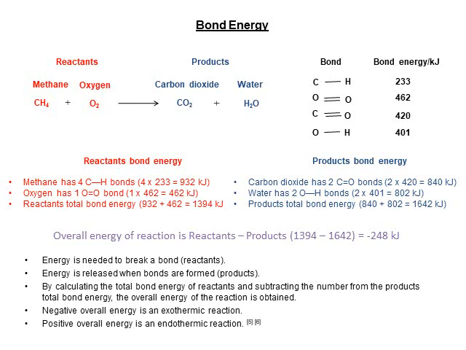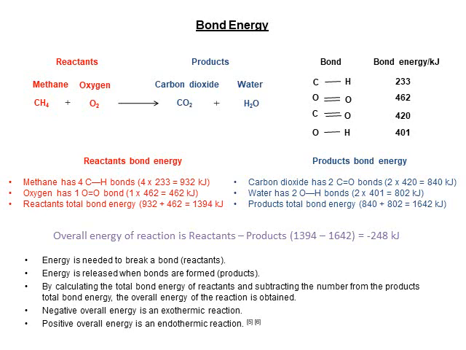Do the same for the products. Carbon dioxide has 2 C=O bonds, so it's 420 times 2, 840 kilojoules. Water has 2 OH bonds, single bonds, so it's 2 times 401, 802 kilojoules. The total is them added together, 1642.